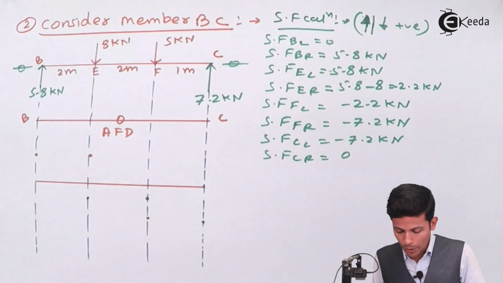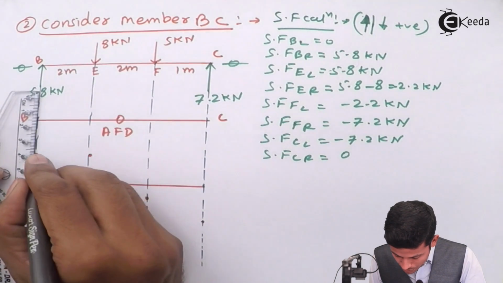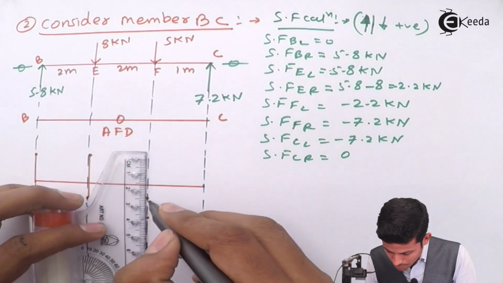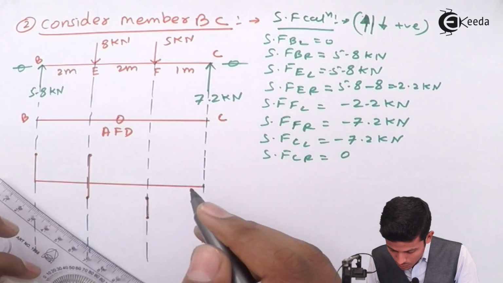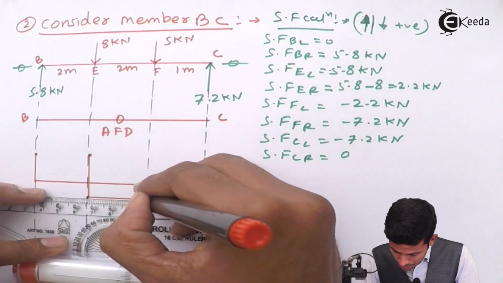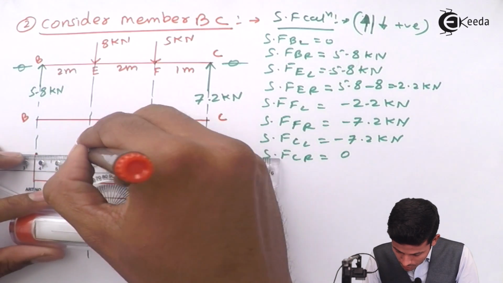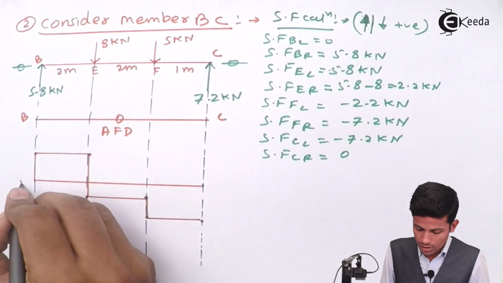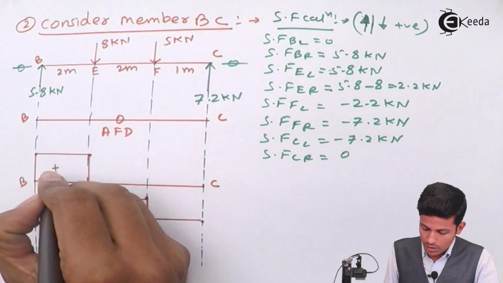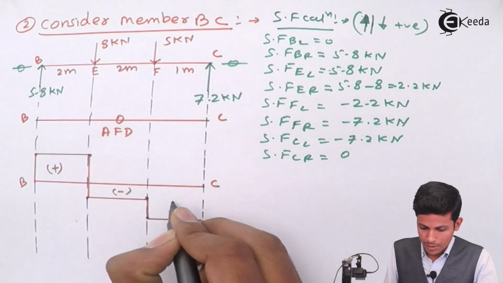Now I'll draw all the points first. This is B, this is C. This value will be plus, outside the frame, inside the frame, inside the frame.